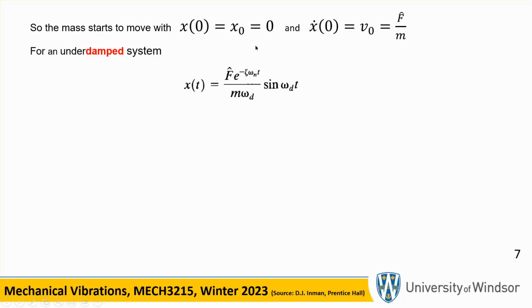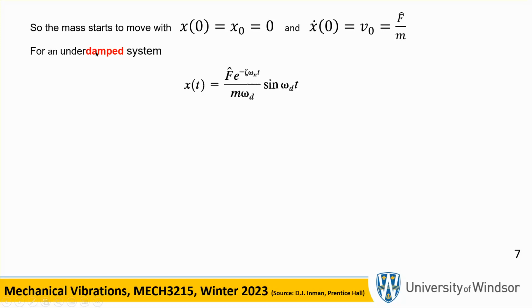We solved this equation, the mother of all equations, equal to 0 with these two conditions. I just showed it to you on the previous slide, slide number 6. If you plug in these values, this is what you're going to get for an underdamped system.